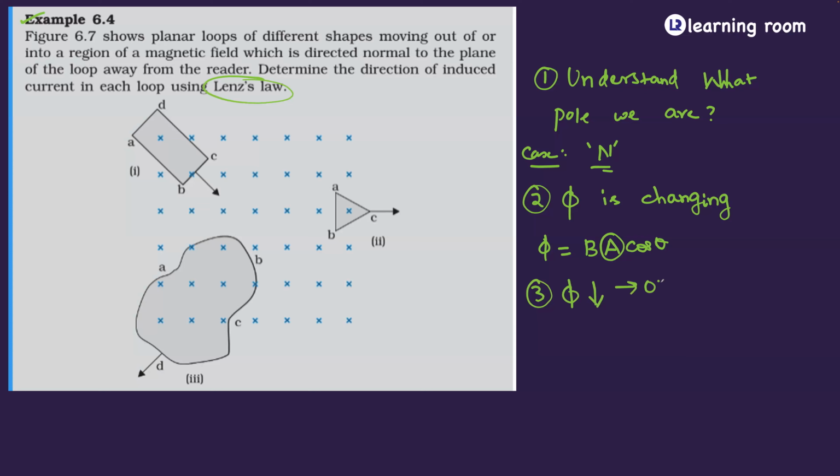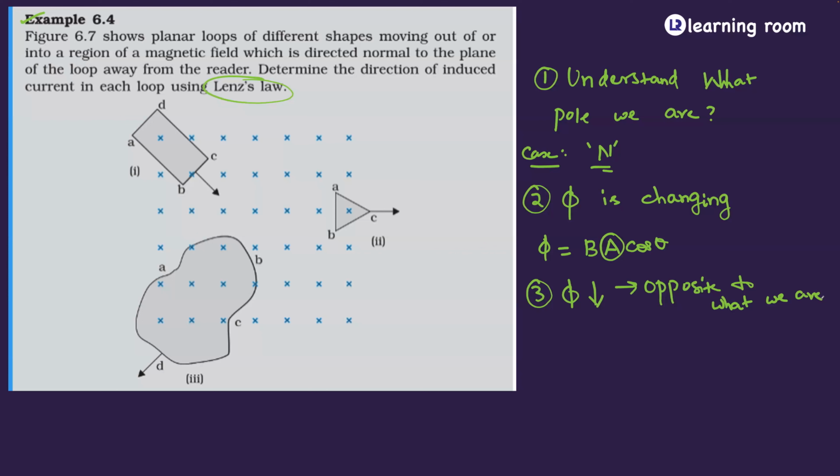If the flux is decreasing, then the pole generated in the coil will be opposite to what we are. Listen to this carefully. If the coil is moving in such a way that there is a decrease in flux, then what pole do I belong to?